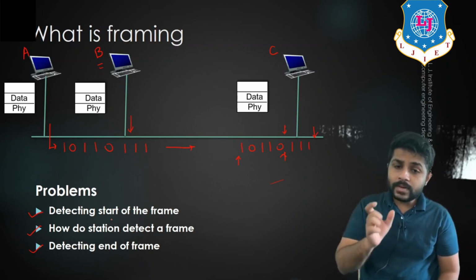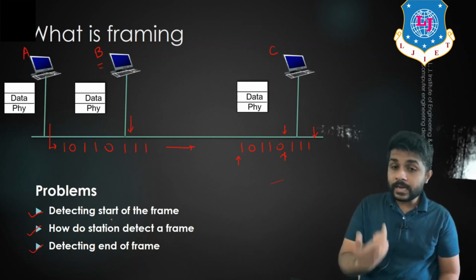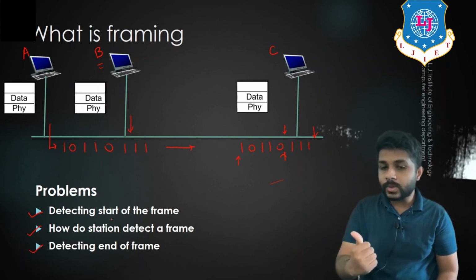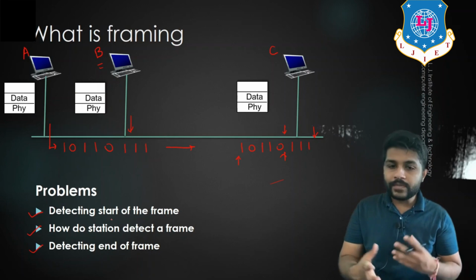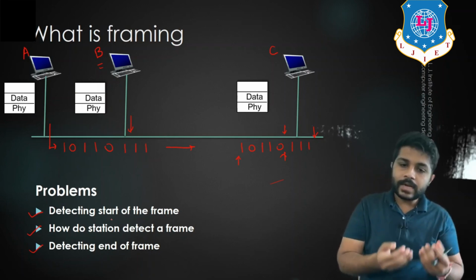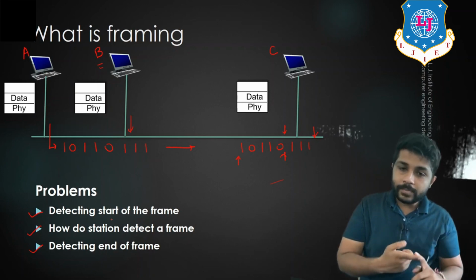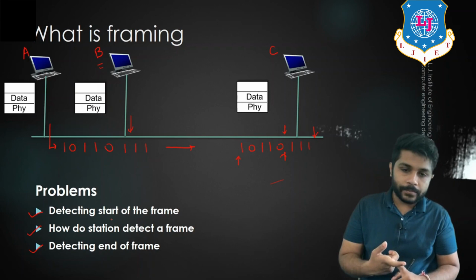So when the receiver receives the extra data, from that the receiver can understand that the data after the extra data is actually original data. We are going to see different framing methods, and using the framing methods, the receiver can easily detect the start of the frame and the end of the frame.